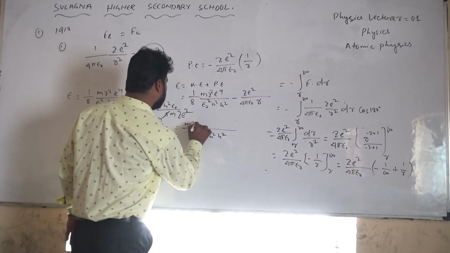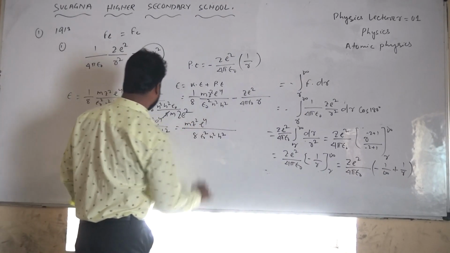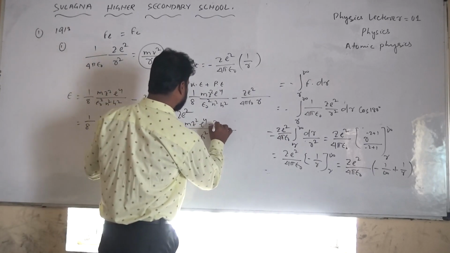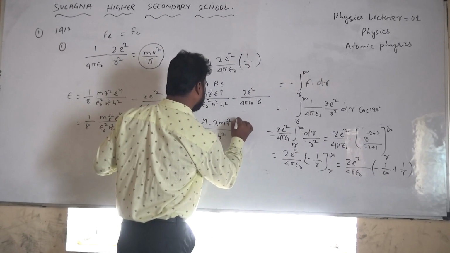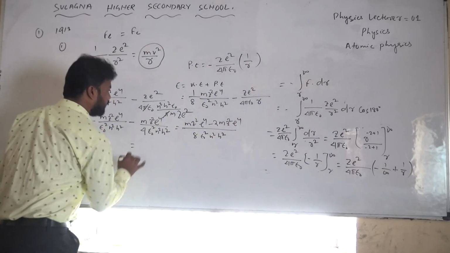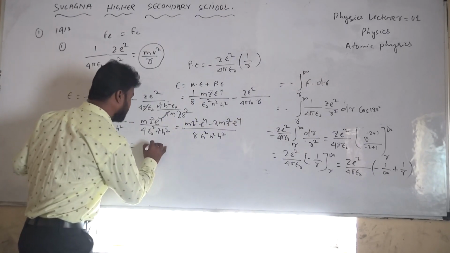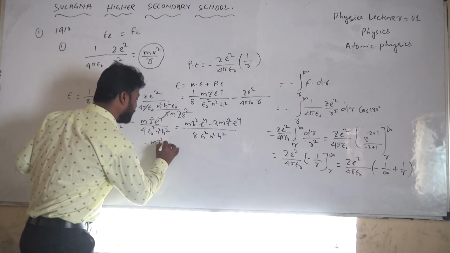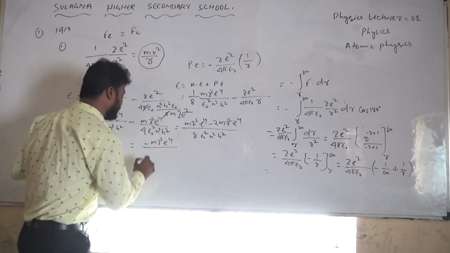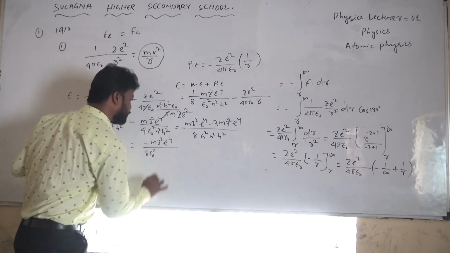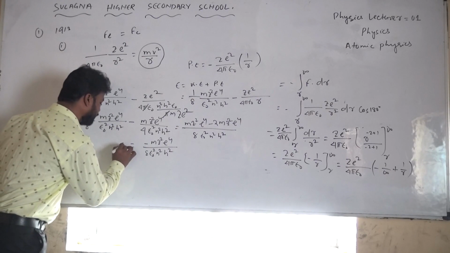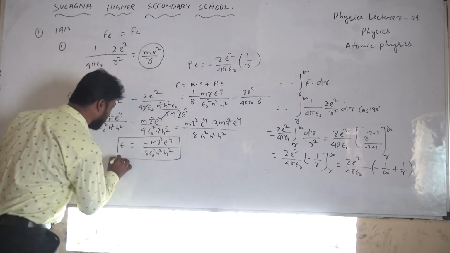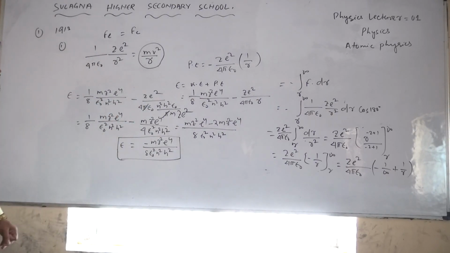m z square e to the power 4 minus 2 times m z square e to the power 4 is equal to minus m z square e to the power 4 divided by 8 epsilon naught square n square h square. That is your total energy of the electron in an orbit.